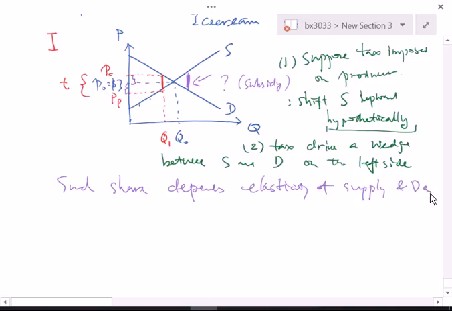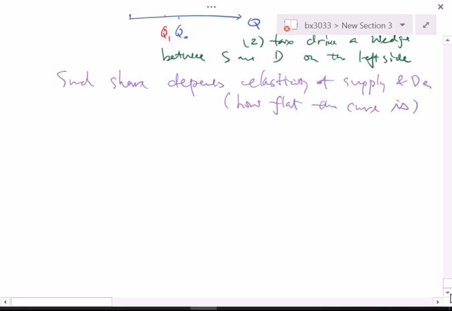When we say the supply curve or the demand curve is elastic, we say that the curve is flat. Let's go through extreme cases.